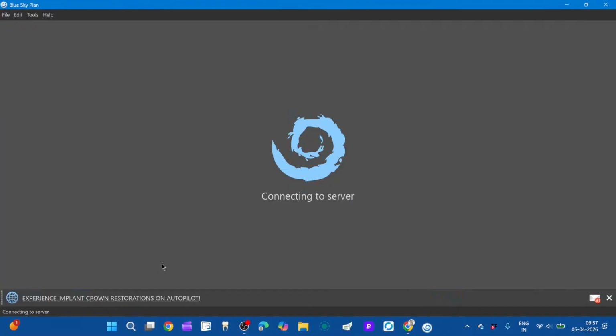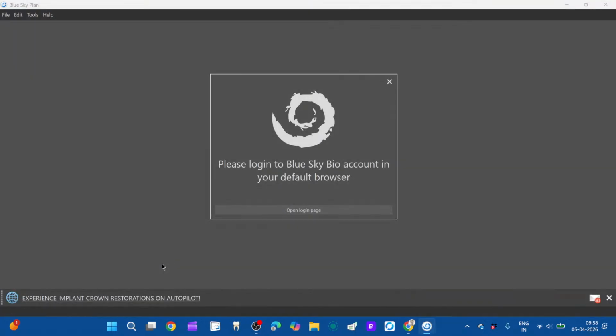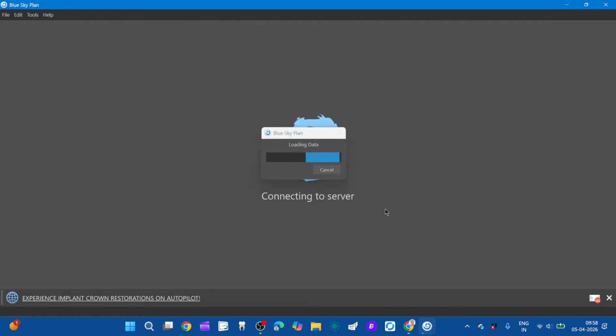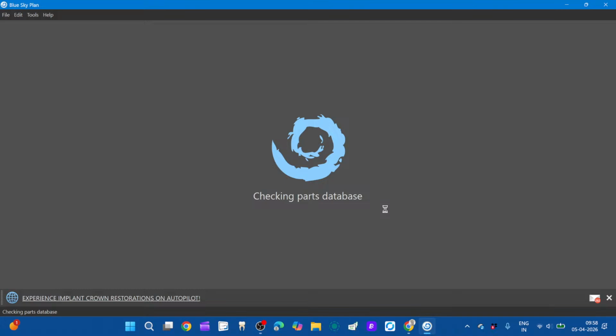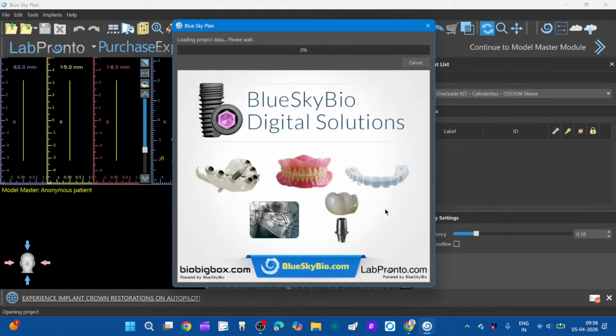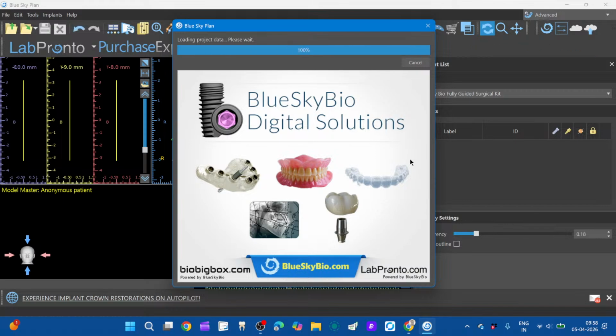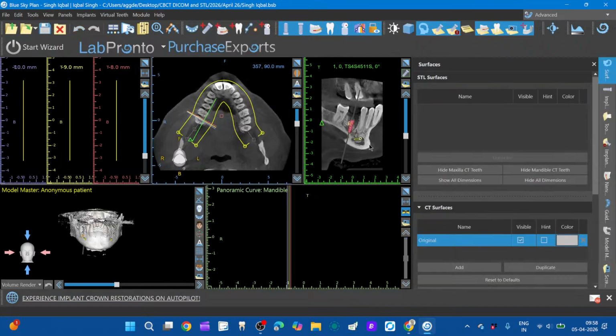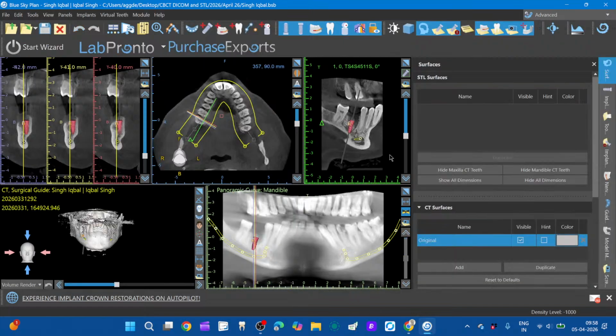Because that is the way you need to learn without any technology. We'll open it, we'll see the bone on the buccal and the palatal side, and we'll be drilling. When you are doing analog surgery, you need a good exposure of the bone so that you can actually direct your drills accordingly. But with the guided, it is super easy for the patient.